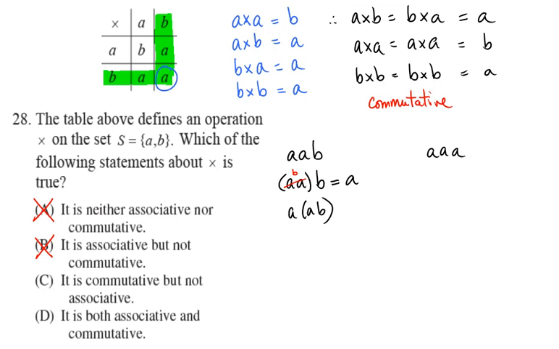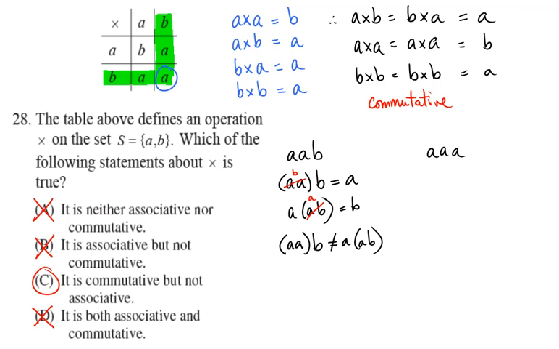Well, above we're told that AB is equal to A. And so A times (AB) is really the same as AA, which again above we're told is B. And so just this example shows us that (AA)B is not the same as A(AB), which we would need to show that something is associative. So this operation is going to be commutative but not associative. And so the answer is C.